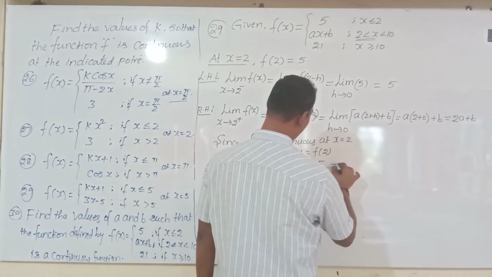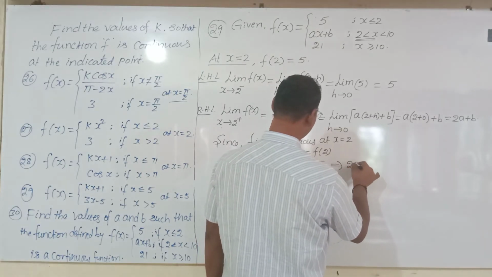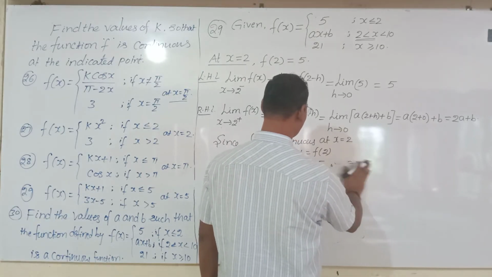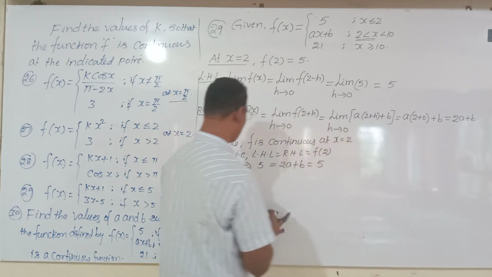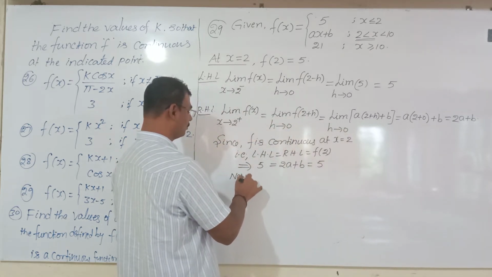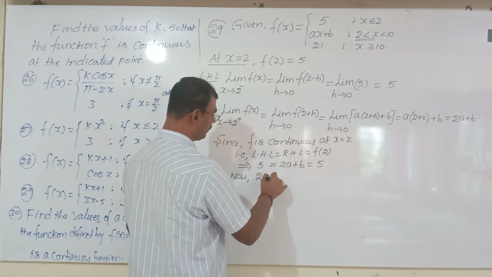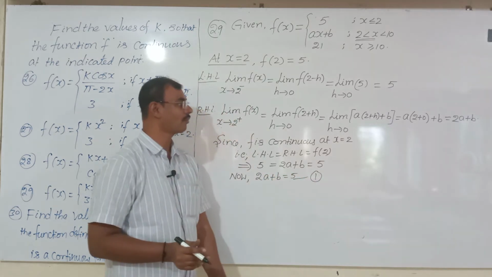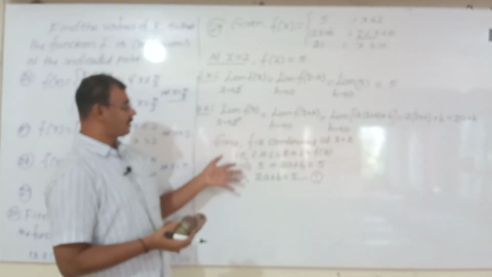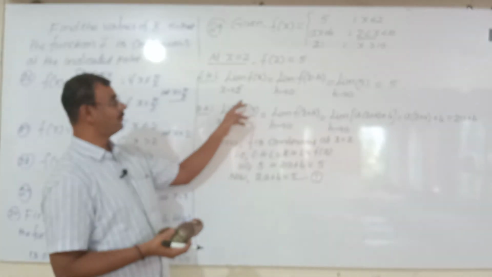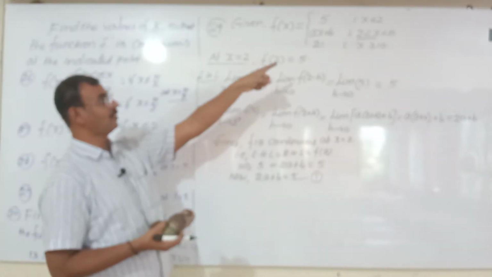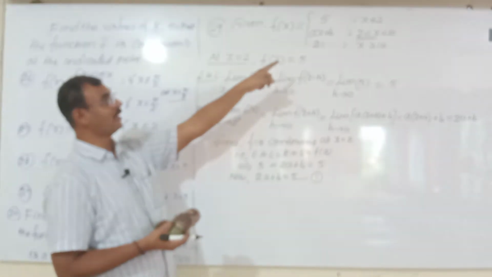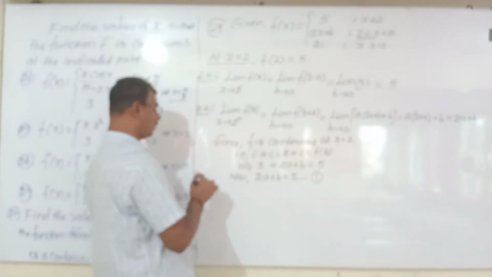From this we get 2a plus b is equal to 5 as equation number 1. In the same manner, we have to find the left hand limit and right hand limit at x equal to 10, the one more breaking number.